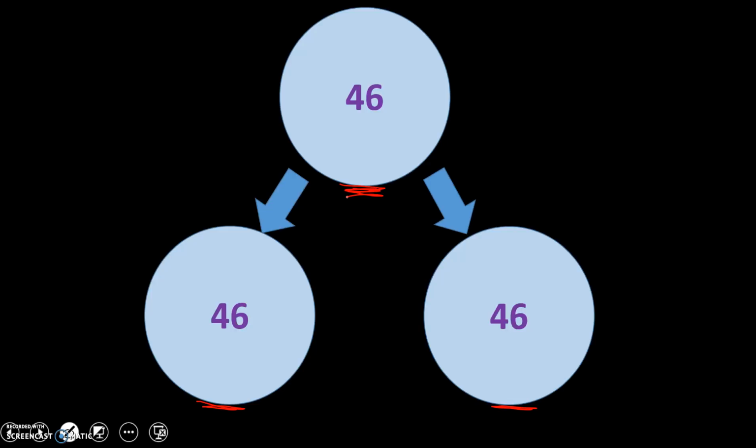Well, here we go. So we have our original cell with 46 individual chromosomes. Now remember what happens in S phase. During S phase, DNA is replicated, and those identical copies are going to be attached to the chromosome.